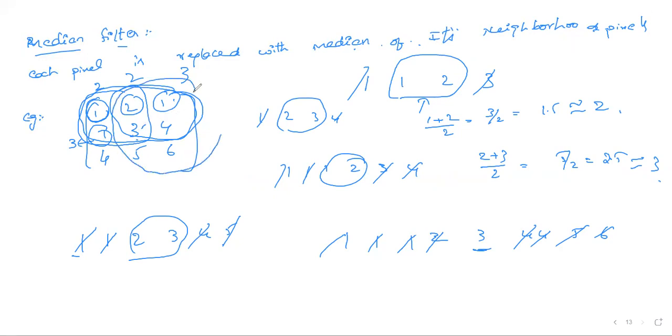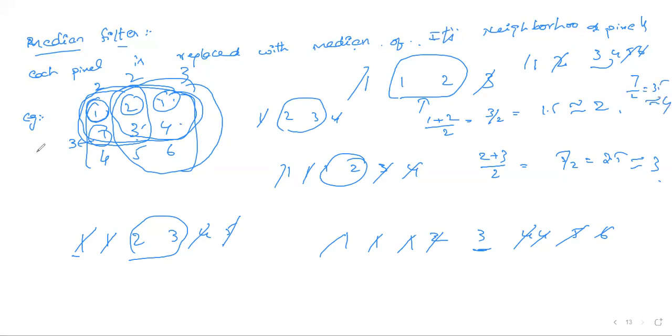Next for this one, 1, 2, 3, 4, 5, 6. 3 plus 4, 7 by 2, that is 3.5, nearly equal to 4.